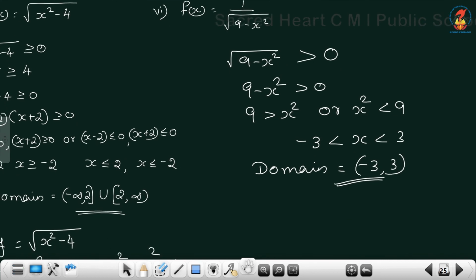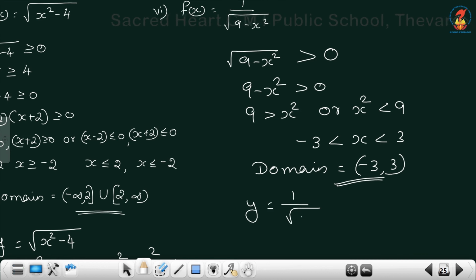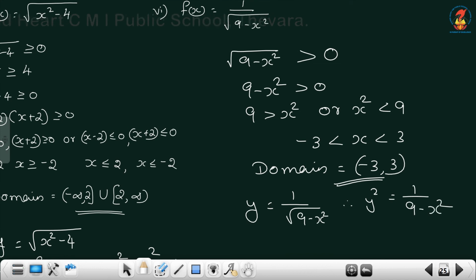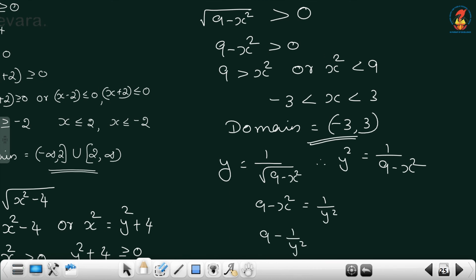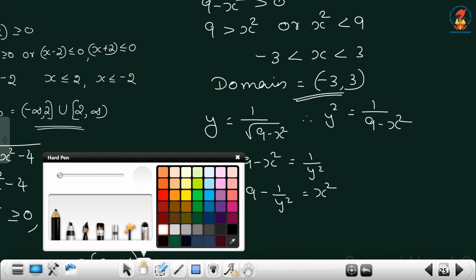Now for finding the range, put y is equal to 1 by root of 9 minus x square. Square it. y square equal to 1 by 9 minus x square. Take x square to the left hand side, or 9 minus 1 by y square is equal to x square. For finding the range, always you have to write what is x, or x square.